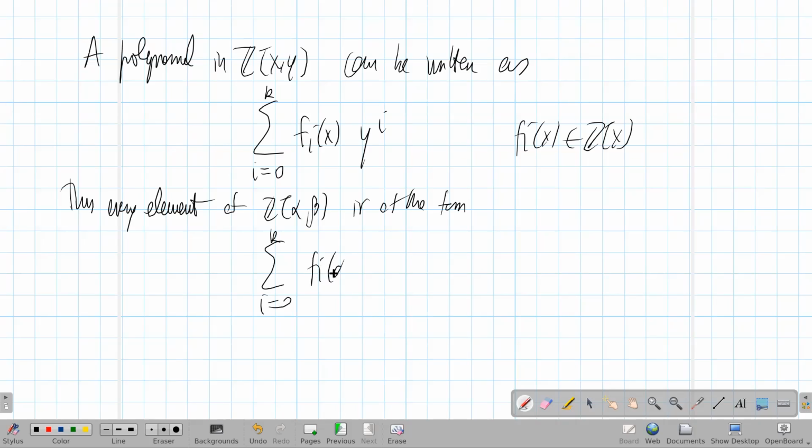Now the point is, these are in Z, and k is a natural number. Apparently k is unlimited, but this is not really the case when you look here, because beta is integral.